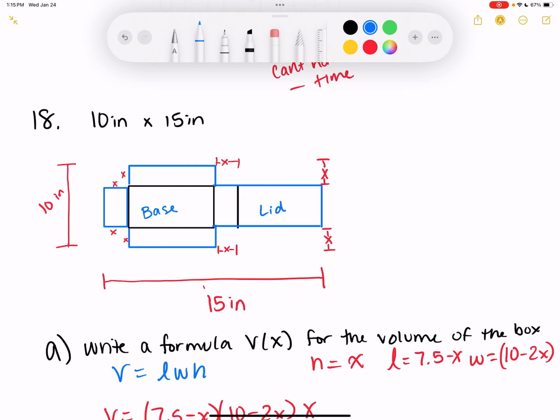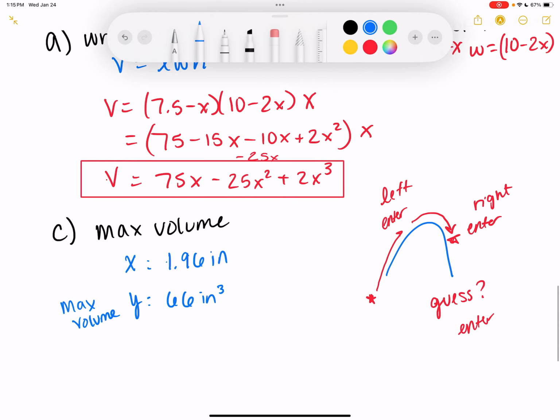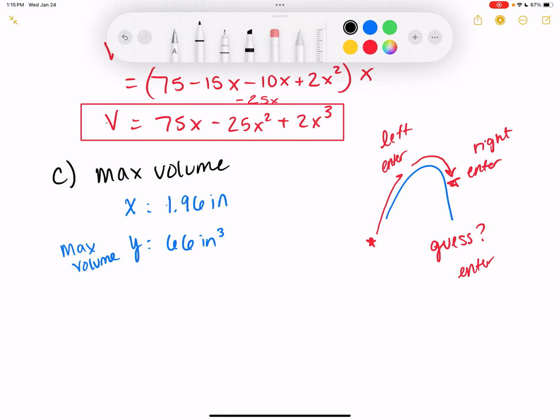Okay? So we found it graphically. Now we're going to find it mathematically. No. We didn't do part D yet. Part D. Confirm your result analytically.